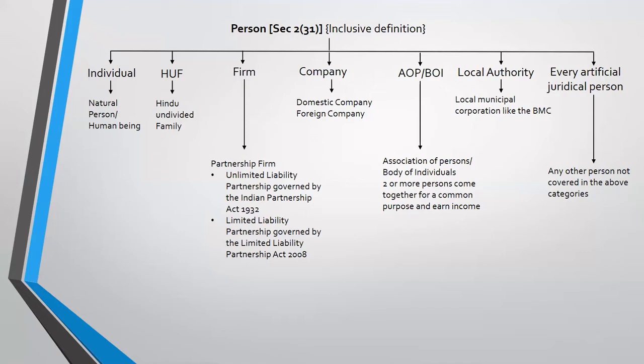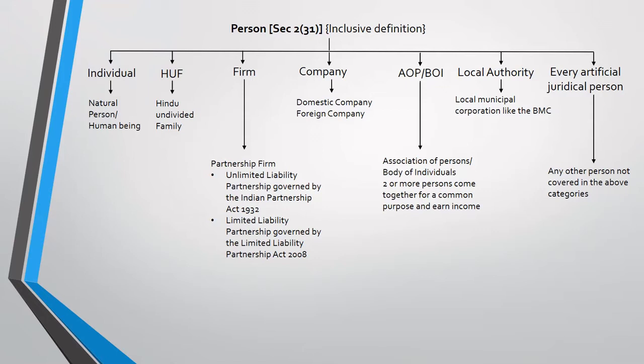Now, as soon as you hear or see or read the word includes, it should strike you that this is an inclusive definition. The definition of person in the Income Tax Act is an inclusive definition. Now, individual means any natural person or human being. It means you and me.